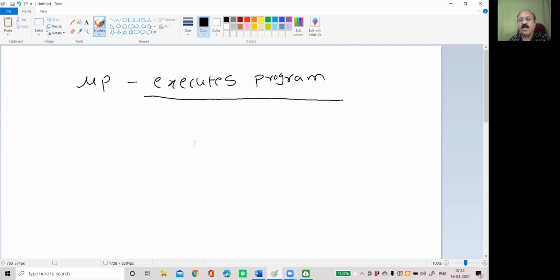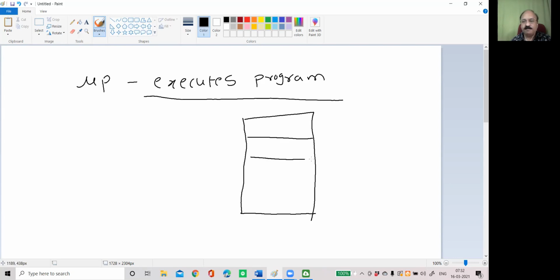Microprocessor doesn't store any information or instruction. Then who stores? There is another part which stores data or information, which is called memory. So memory is used to store the information. Information means what? Two parts. One is data and second is instruction.